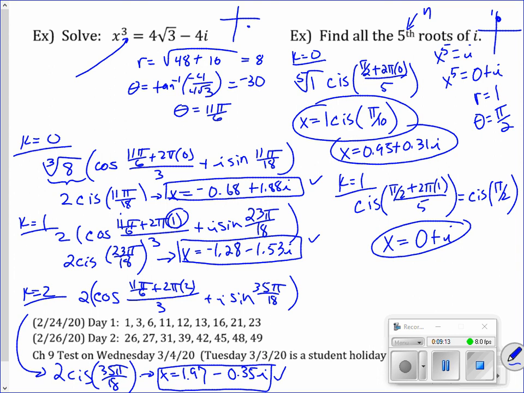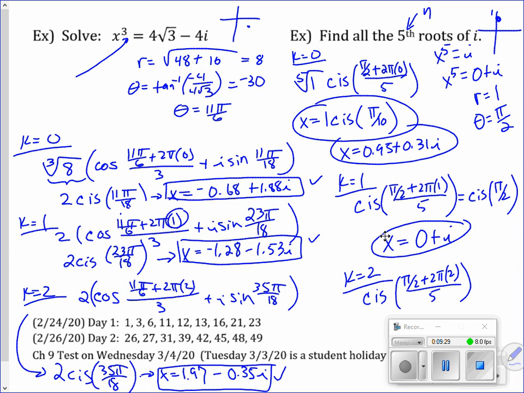All right, so k equals 2. I have cosine plus i sine. Again, there's a fifth root of 1 outside, but it doesn't matter, it's just 1. I got pi over 2 plus 2 pi times 2 this time over 5.